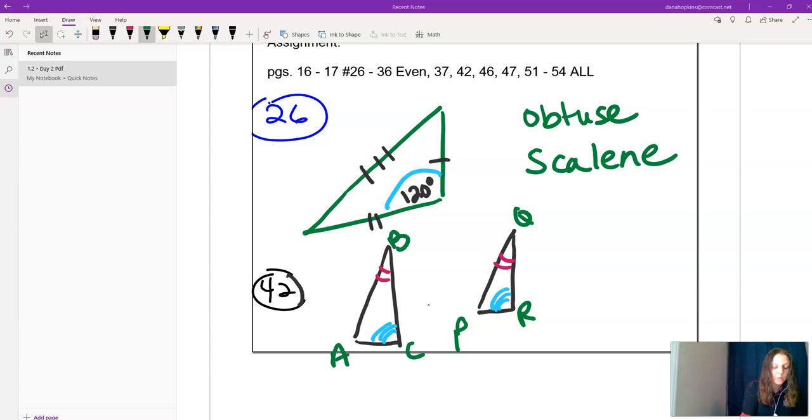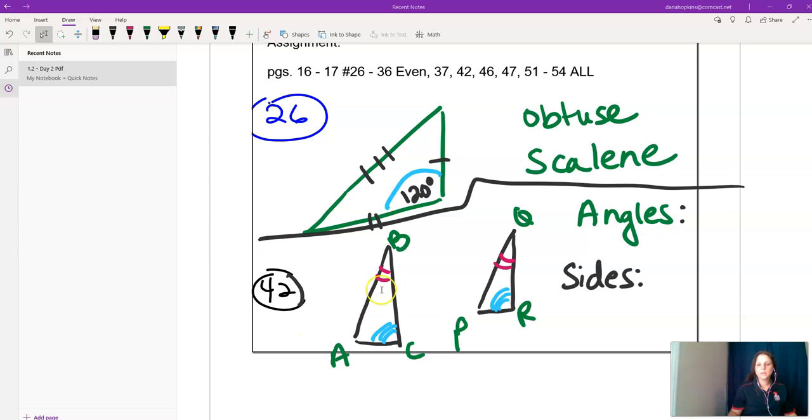It's really up to you. Okay, so the congruent angles are B and Q. The other congruent angles are A and P. And lastly, you've got C and R.